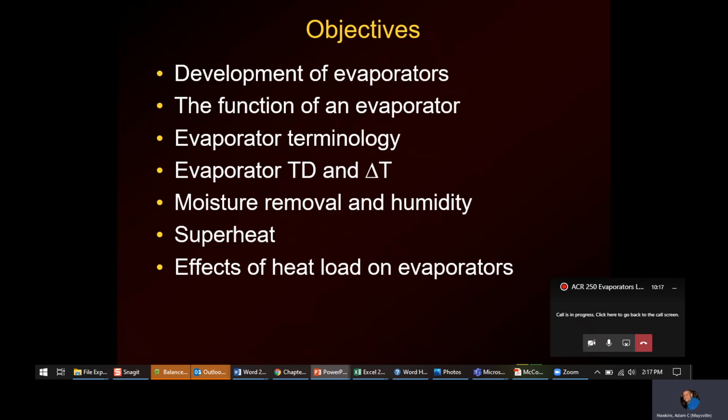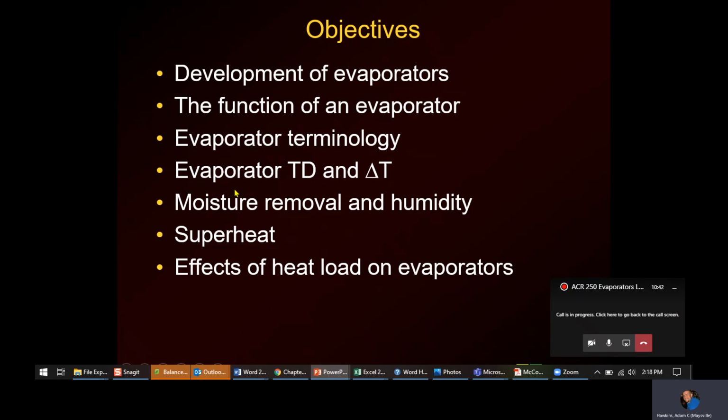For residential or commercial HVAC comfort cooling, we usually operate under a 30 to 35 degree TD, which means if it's 70 to 75 in the room, you're looking for like a 40 to 45 degree saturation temperature. And then your delta T, that's your temperature drop across the evaporator.